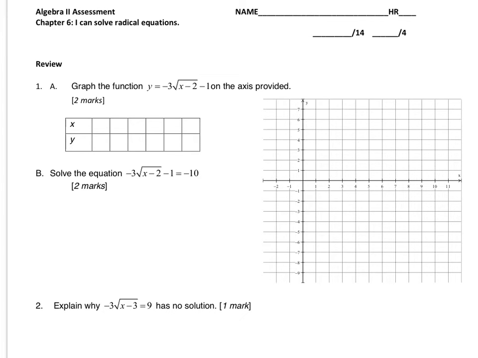So to graph this square root equation, I'm going to go to the y equals button on my calculator and type in -3 and then square root of x minus 2 minus 1.